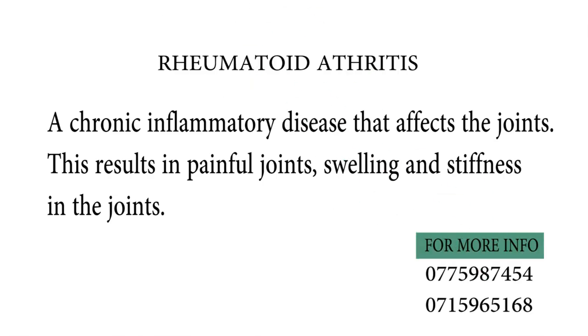Joints that have synovial membrane are joints where we find two bones attached to each other, and the synovial membrane is the membrane in between the two bones to help keep the joints steady and also protect the two bones from attacking each other.